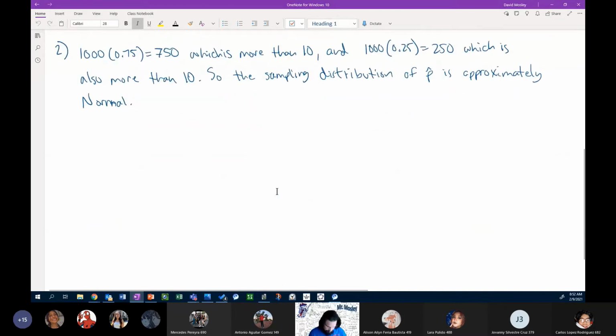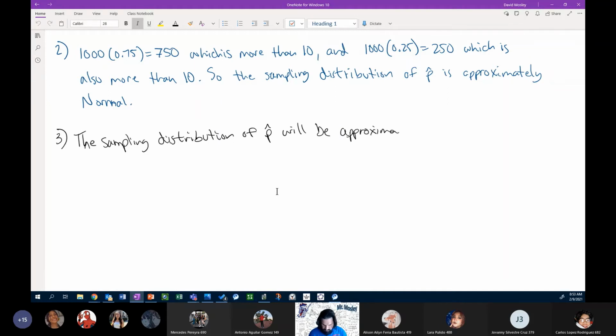So for number 3, the sampling distribution will be approximately normal with the mean equaling 0.75 still. But the standard deviation is going to change.